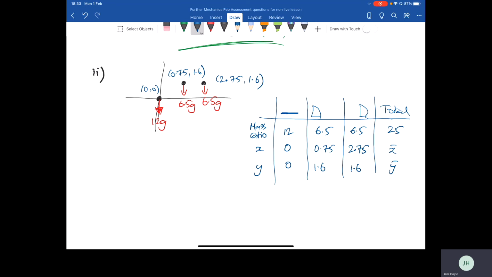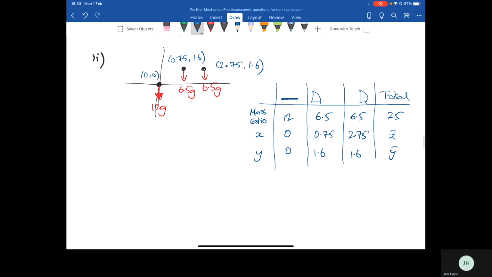And of course, our total shape, that's what we refer to as x bar and y bar. And then it's just a matter of working them out.